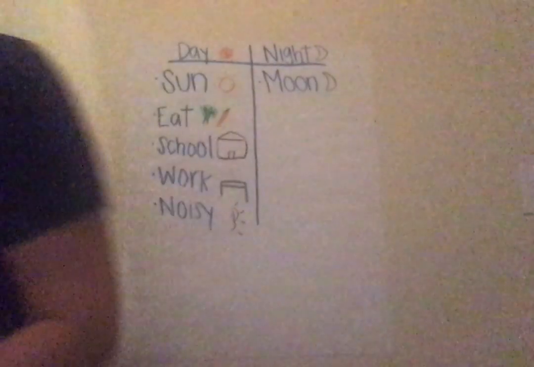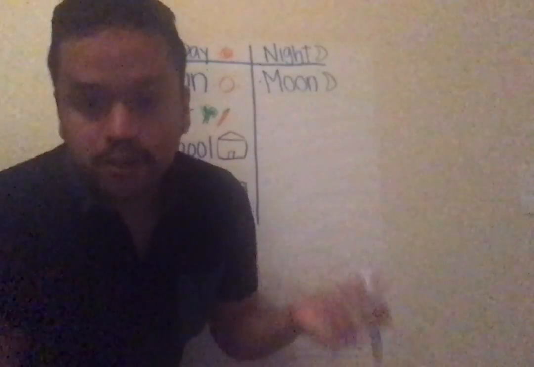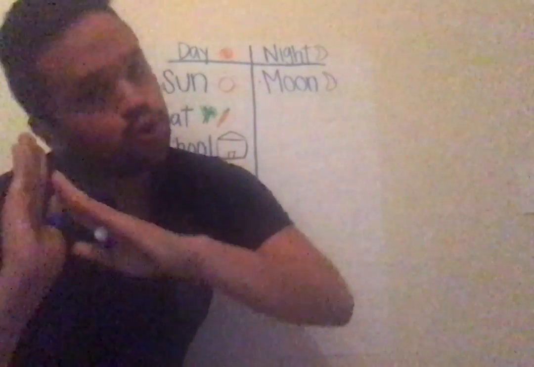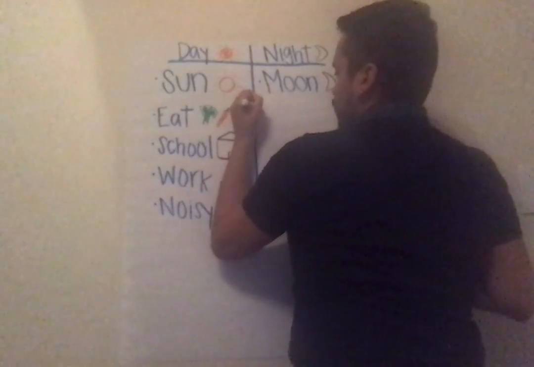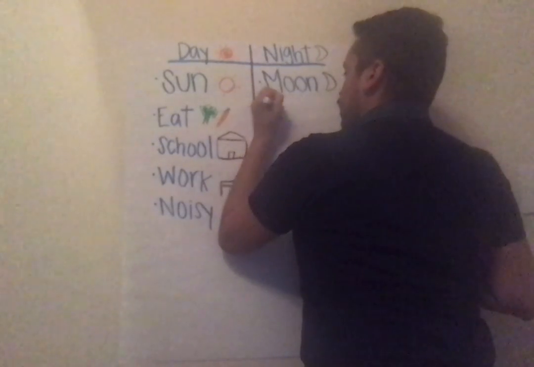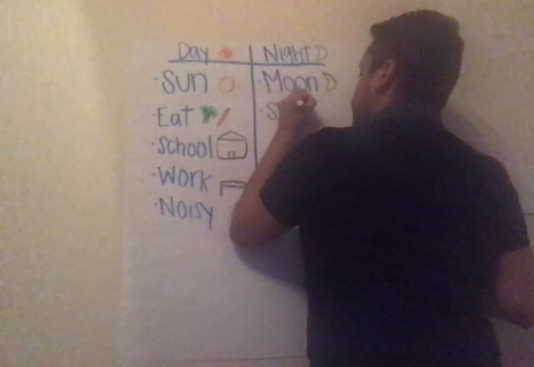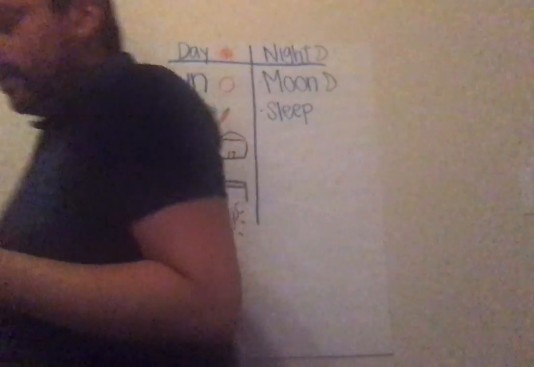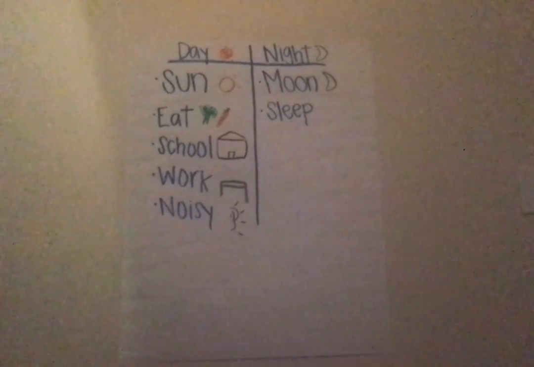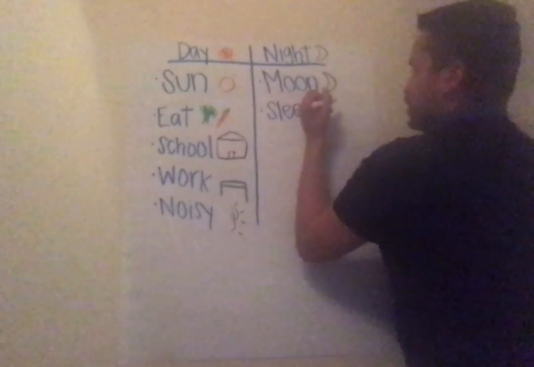What else do we do at night? Of course, at night we go to sleep. So at nighttime, I'm going to write sleep. And next to the word sleep, I'm going to draw a quick little picture of somebody asleep.